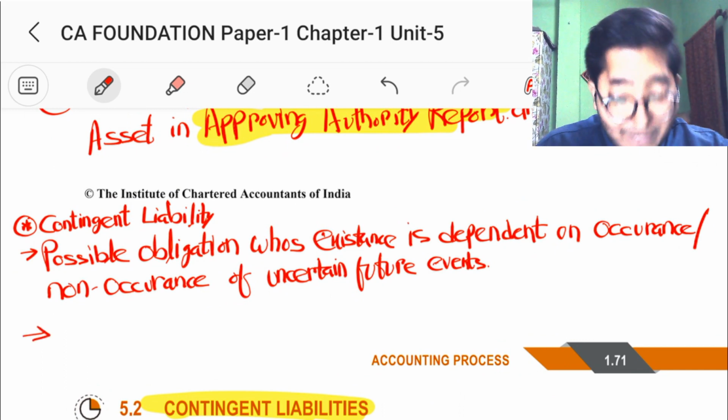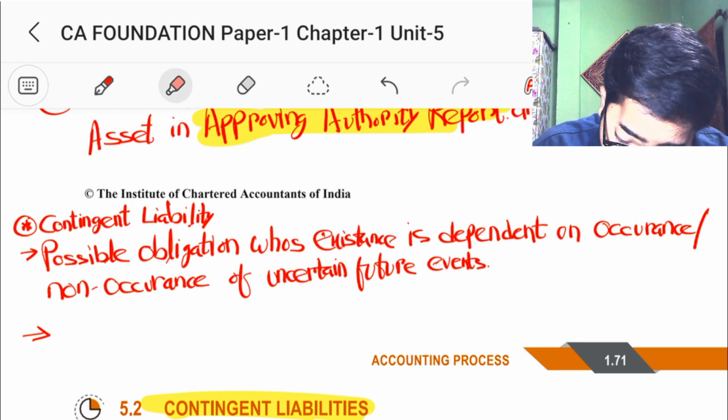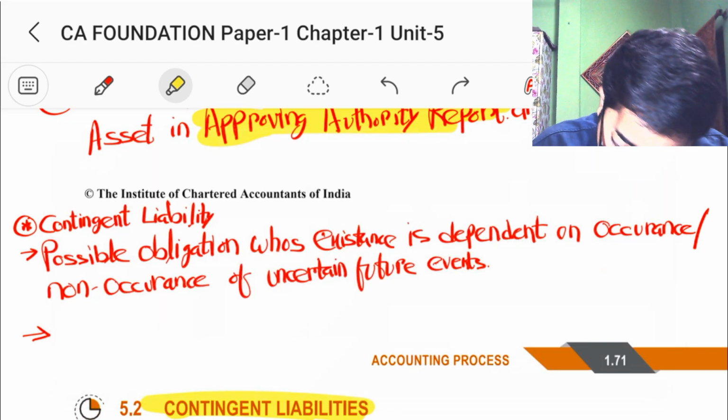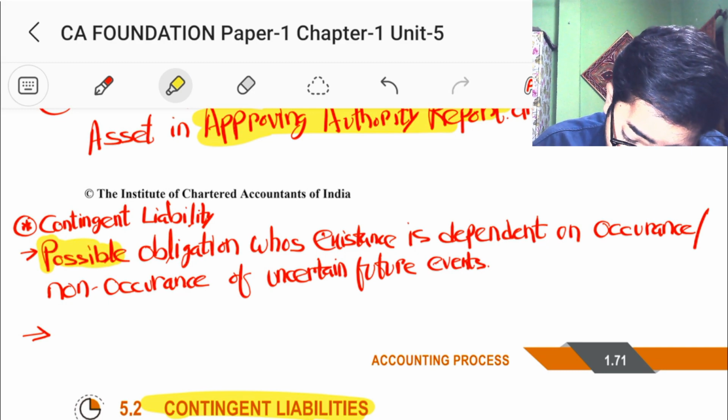So contingent liability is a possible obligation.